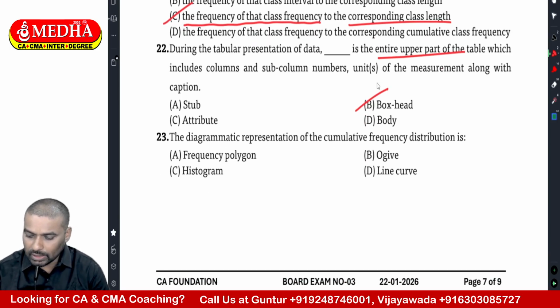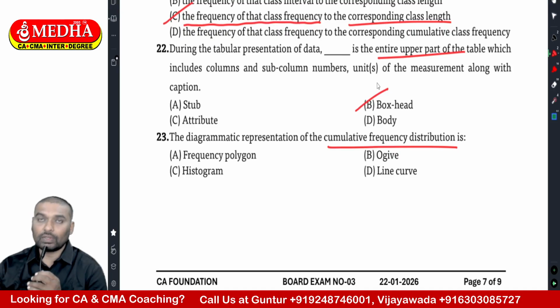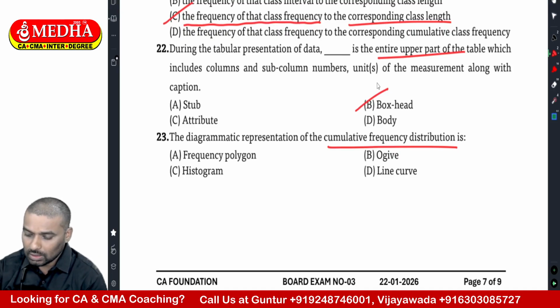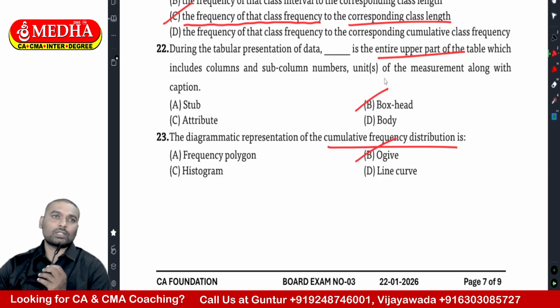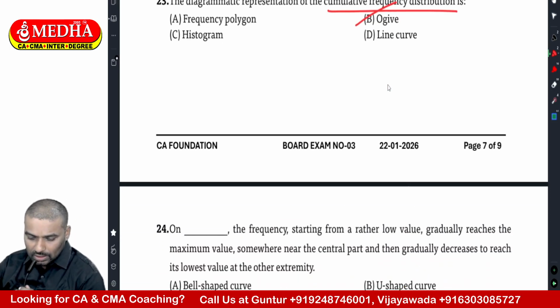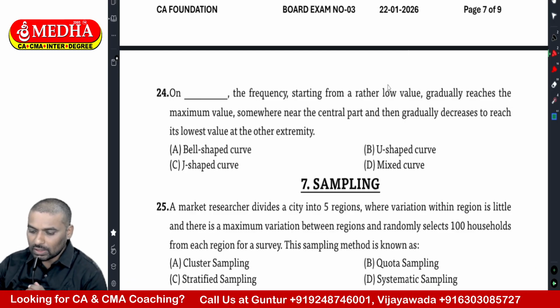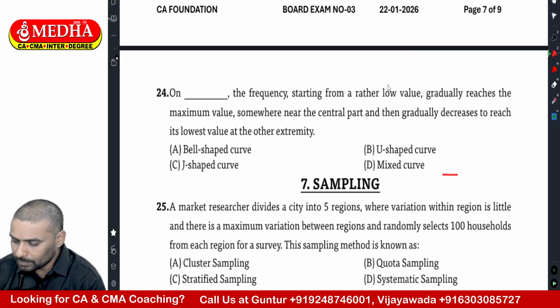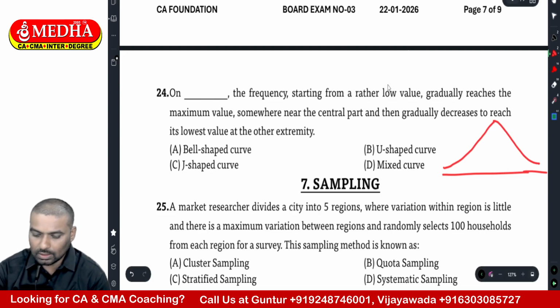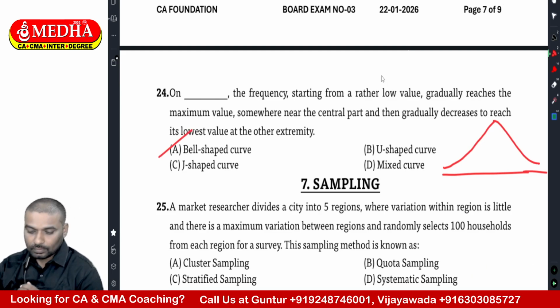The diagrammatic representation of cumulative frequency distribution is called ogives, because ogives are also known as cumulative frequency curves. Frequency starting from low, gradually rising to maximum and then falling to minimum is called a bell-shaped curve.